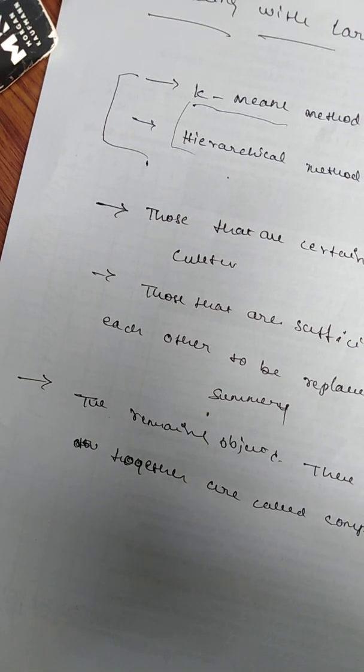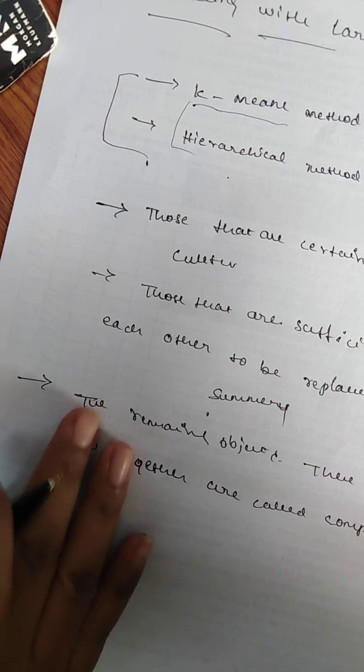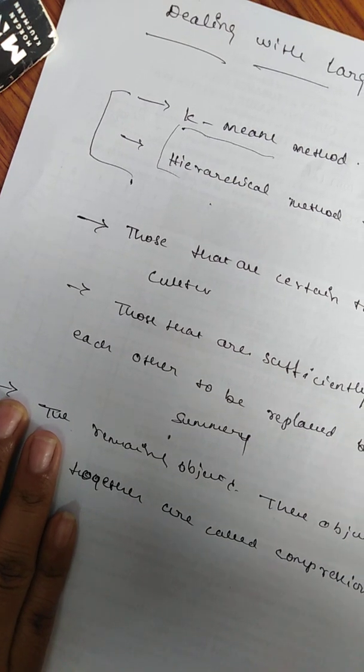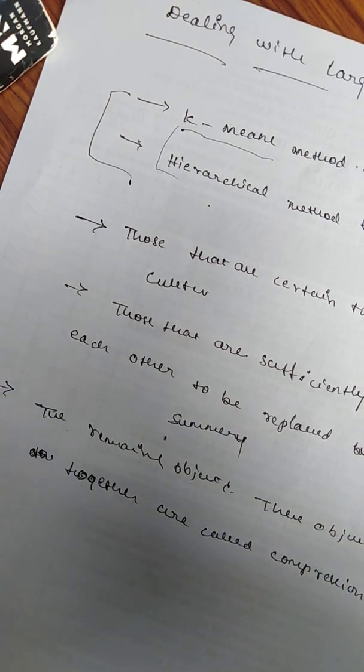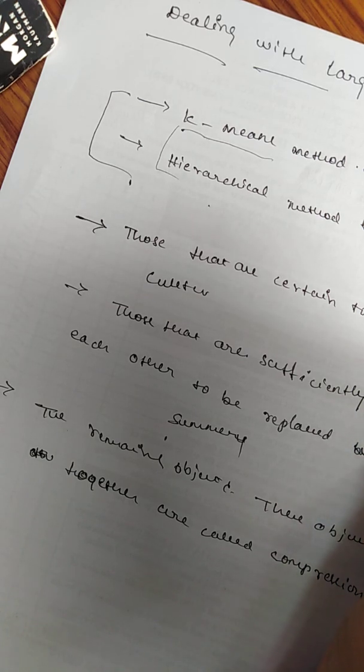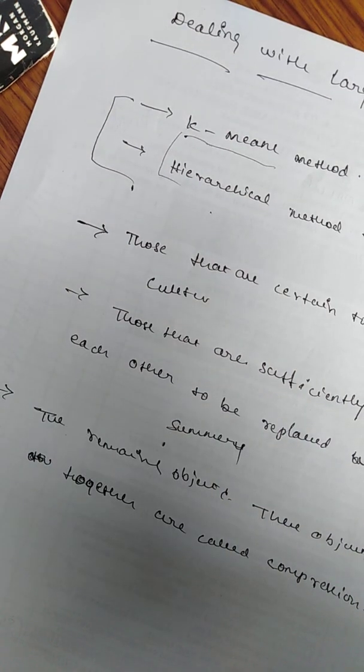It follows three groups or three sets of groups in the k-means method for large databases. First one is those that are certain to belong to a cluster. The objects together we call the discard set.